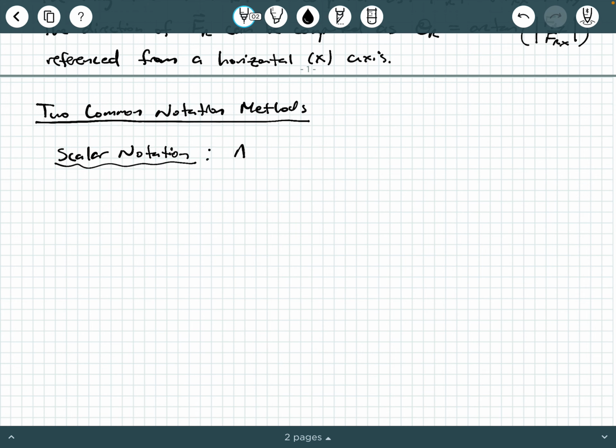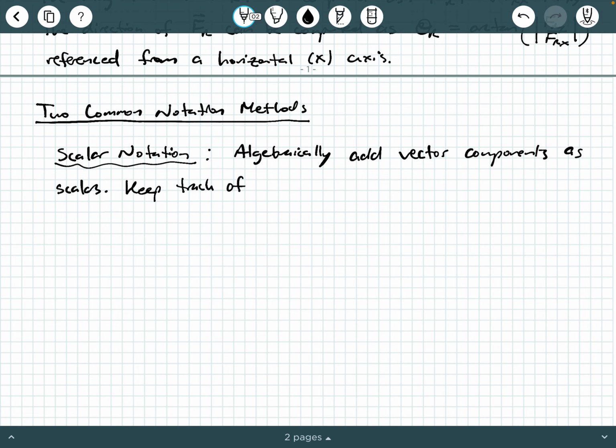Well, what we do here is we algebraically add vector components as scalars, okay? And we want to keep track of the algebraic signs, okay? That's pretty easy.